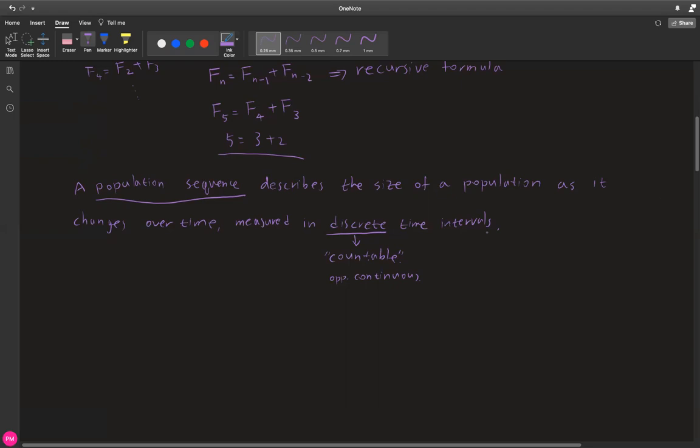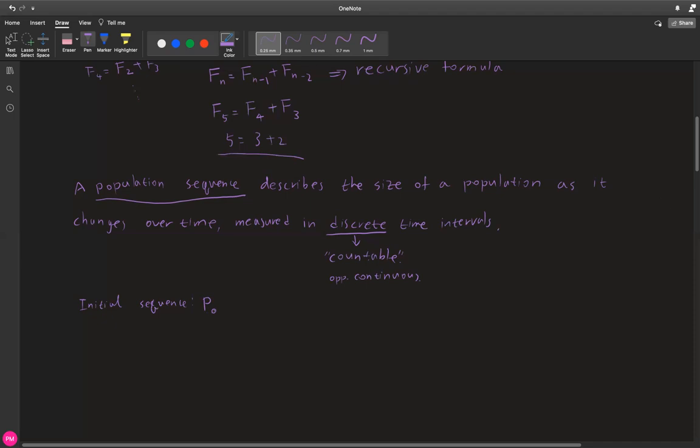So here the notation goes: a population sequence starts with an initial value. The initial value is denoted as P sub 0, as P represents the population, and the 0 means initial, so nothing has happened yet.